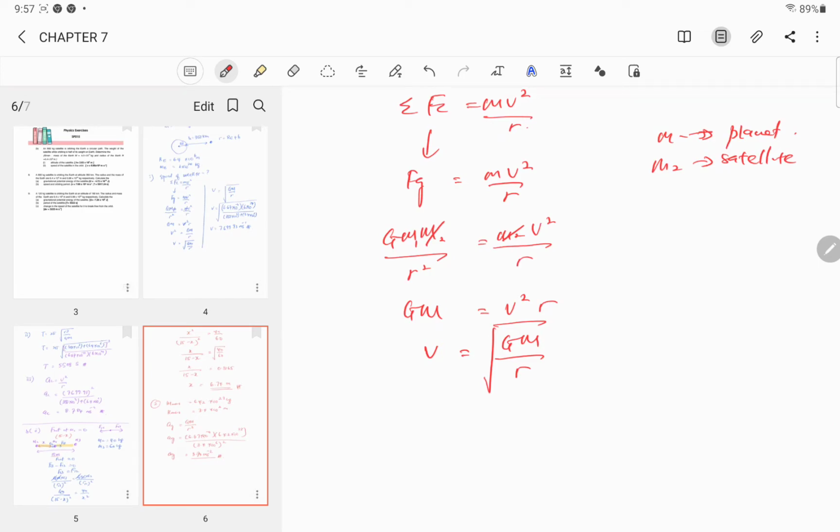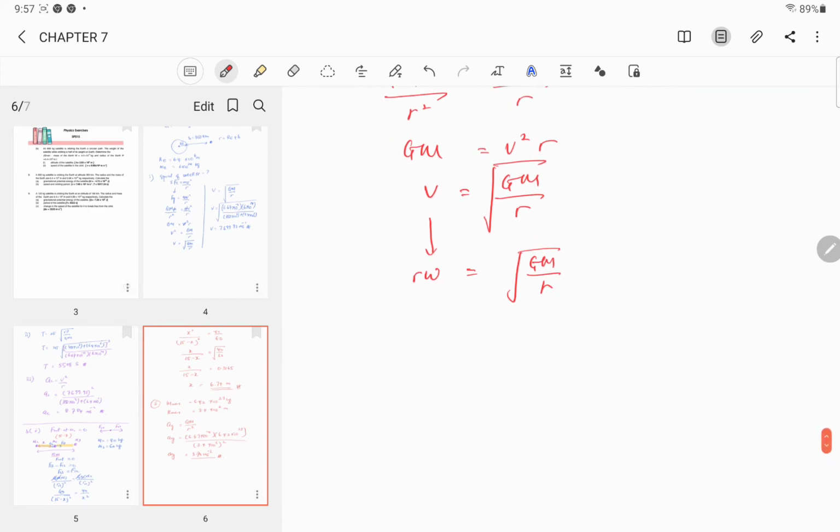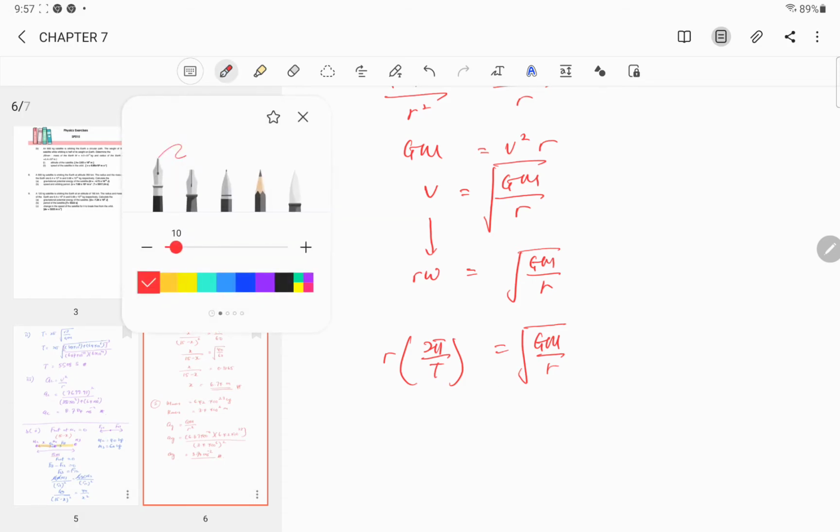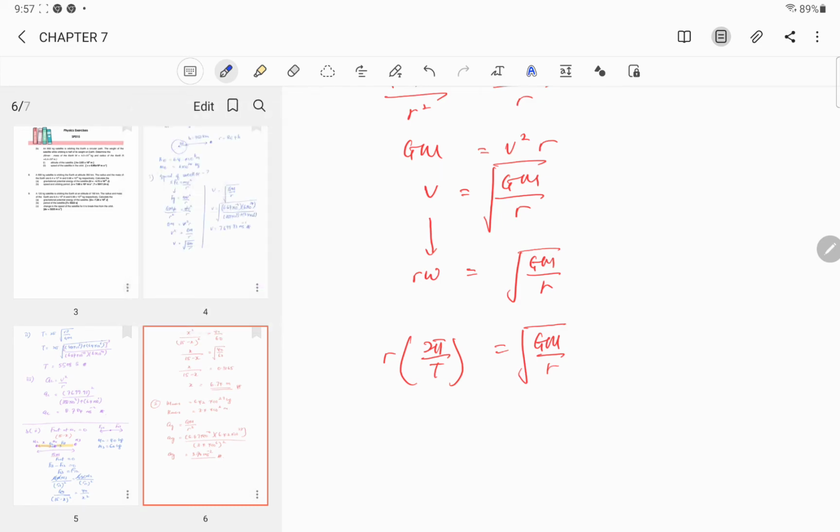Okay, so ni untuk dapatkan velocity of the satellite. So kita tahu daripada v ni kita dapat r omega equal to square root of GM over r. R omega equal to apa? R times 2 pi over T equal to square root of GM over r. Okay, so kita tak nak square root tu, kita kena kuasa 2 kan dia.